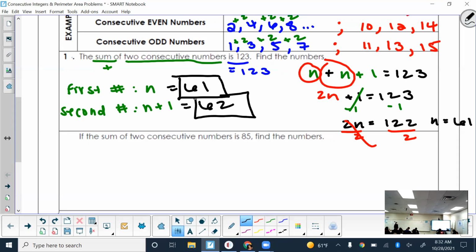Because we did cover consecutive numbers on the topic 1 test, I have seen you guys just guess and check. So just think in your head, oh, what number can I pick? And then keep guessing and checking until you find the right one. Maybe that works for you, but this will get you the right answer 100% of the time.